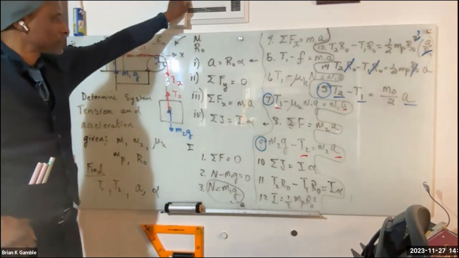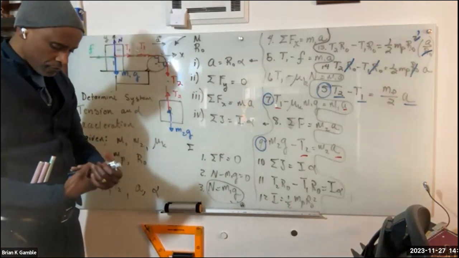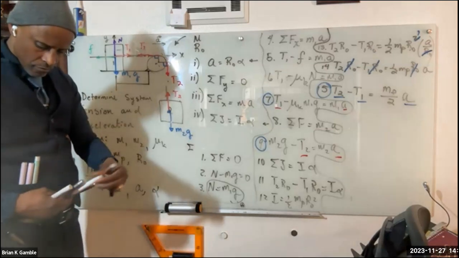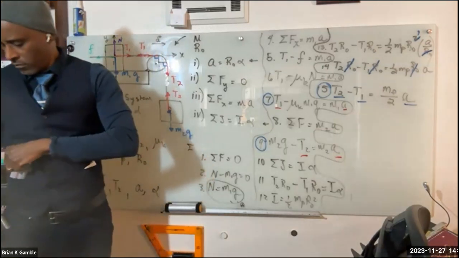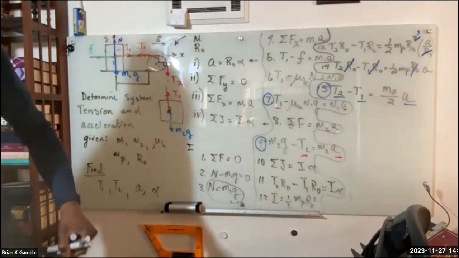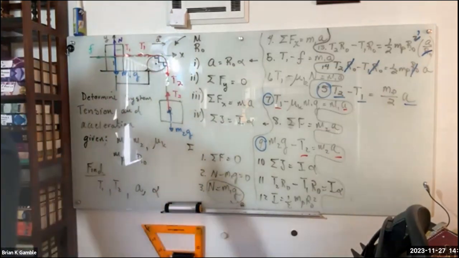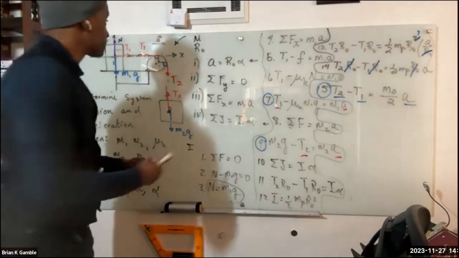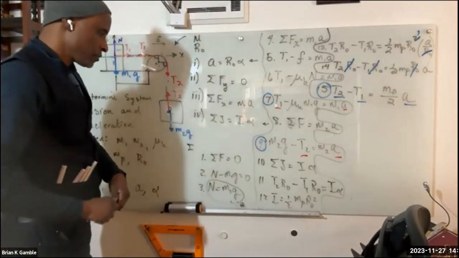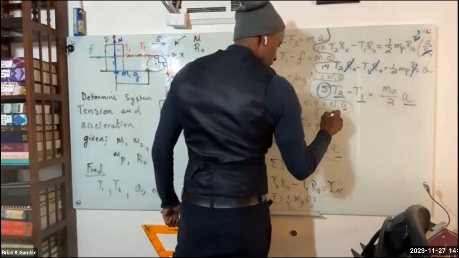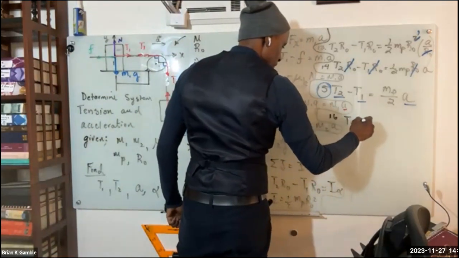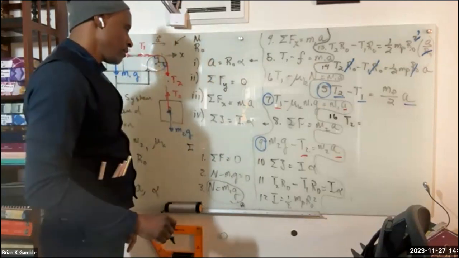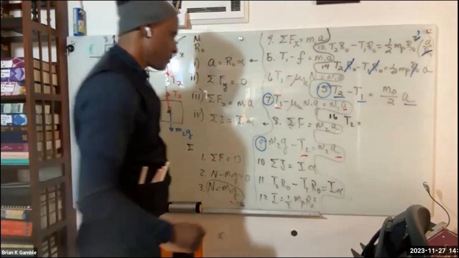So T2 is going to be equal to, from here, M2G minus M2A.